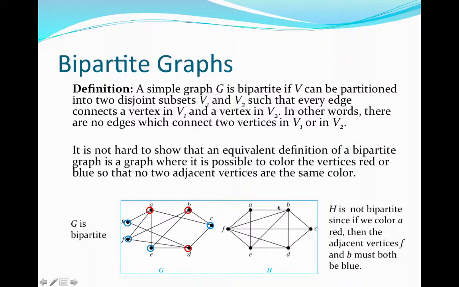So in this case, both F and B would need to be blue, but notice that there's an edge joining F to B, so that violates them being able to be in the same set. And since bipartite defines only 2 sets of vertices, this graph is not bipartite.